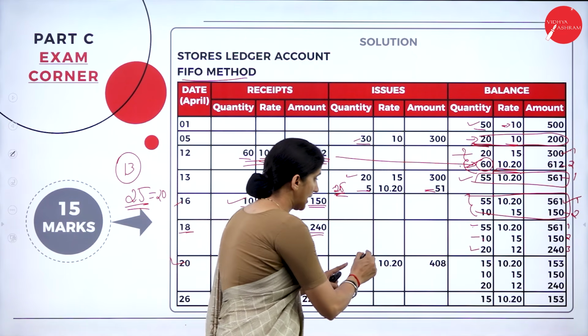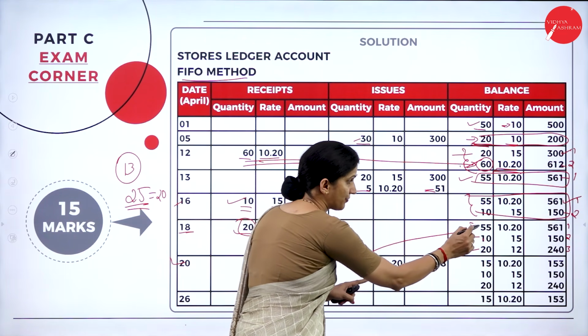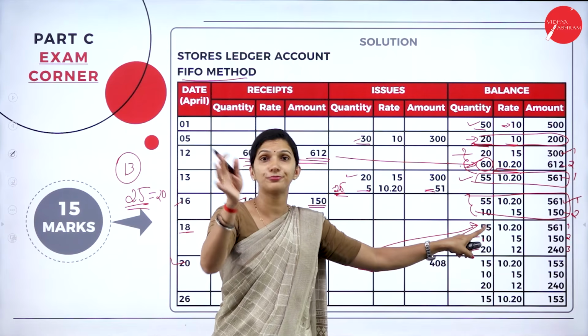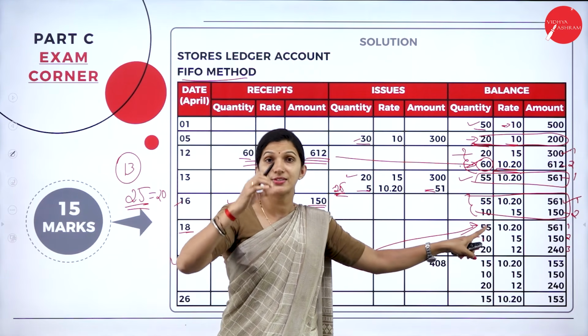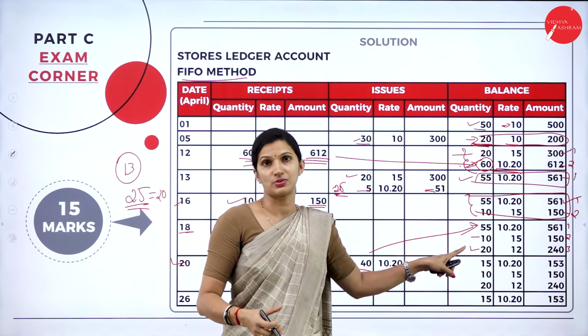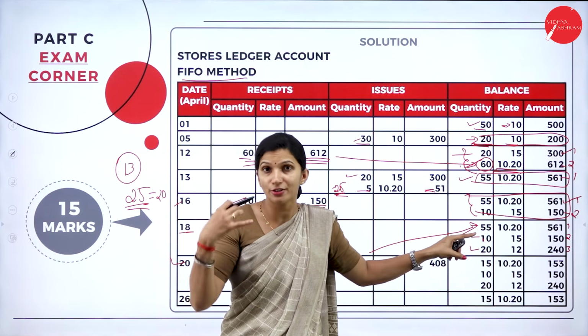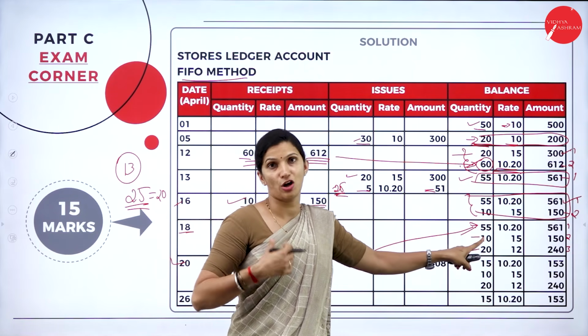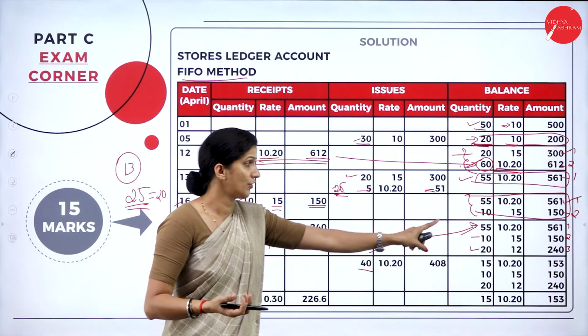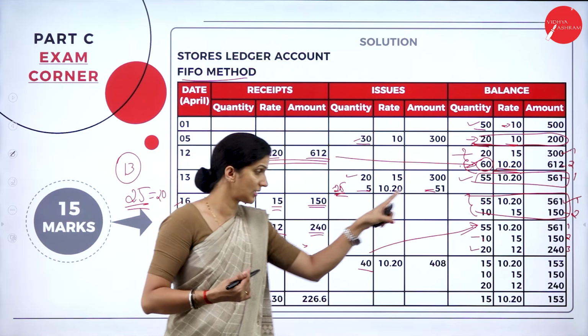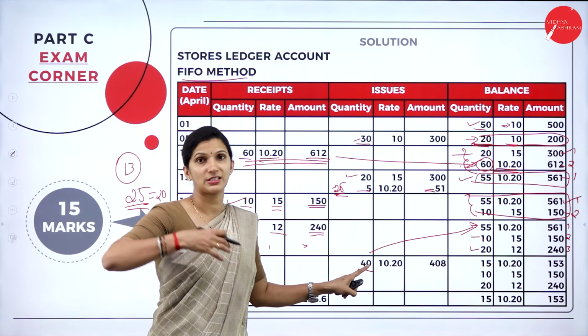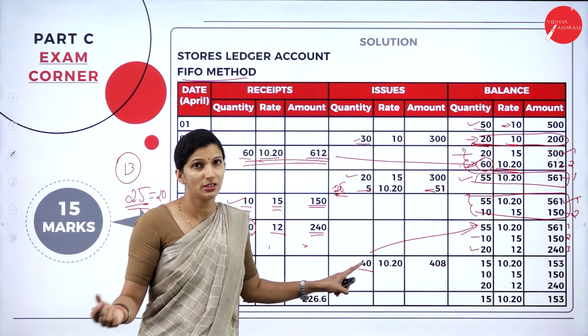You see the previous day balance. In the first lot you have 55 units, so we have enough material in the first lot itself. So from these 55 units, 40 units of material will be issued to the production house.